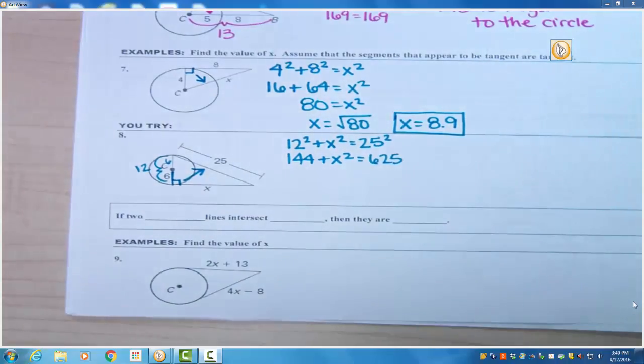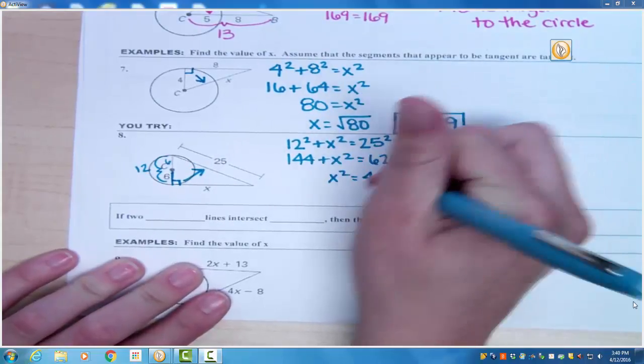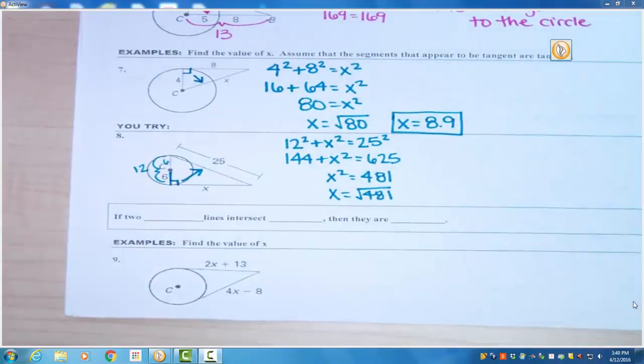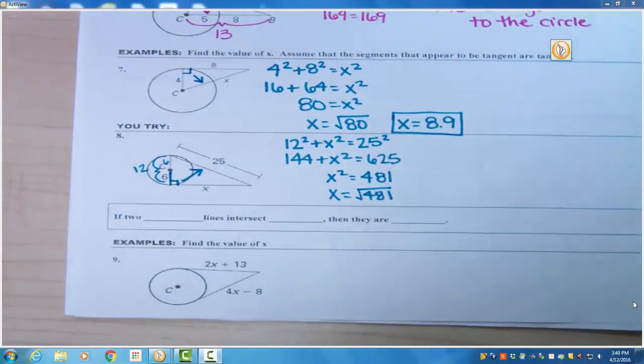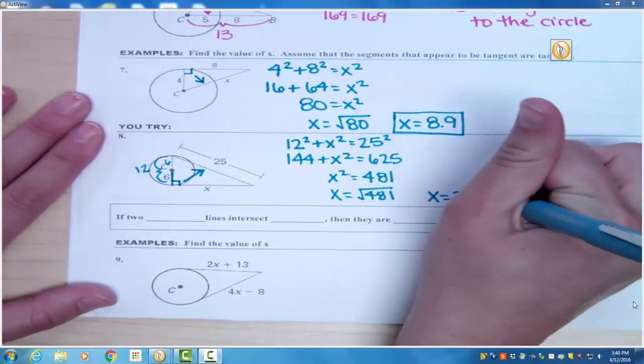So that leaves me then with x squared equals 481. So x is the square root of 481. So x is 21.93.